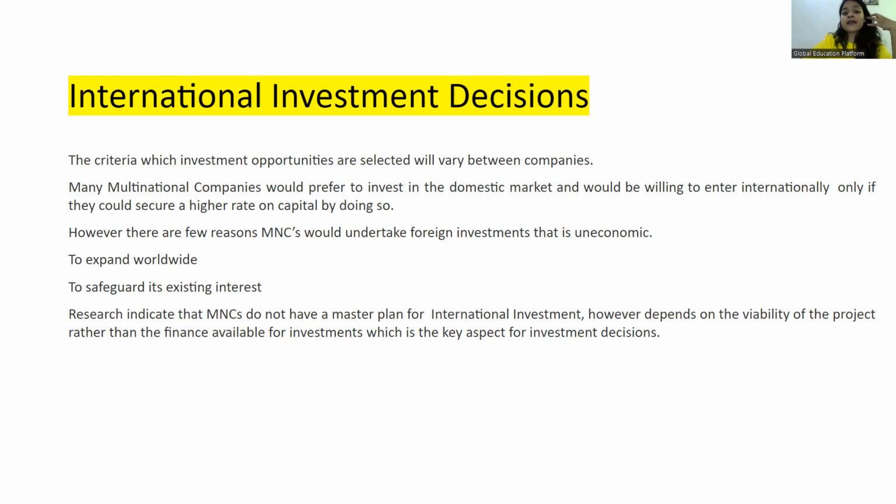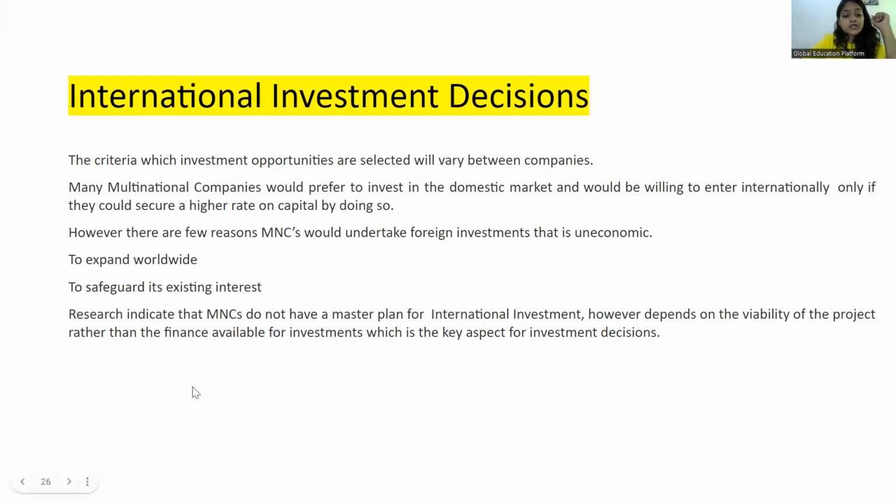Instead, they want to expand internationally, make it globalized, and have their brand recognized by all people. And to safeguard existing interests, they don't want it to be lost.